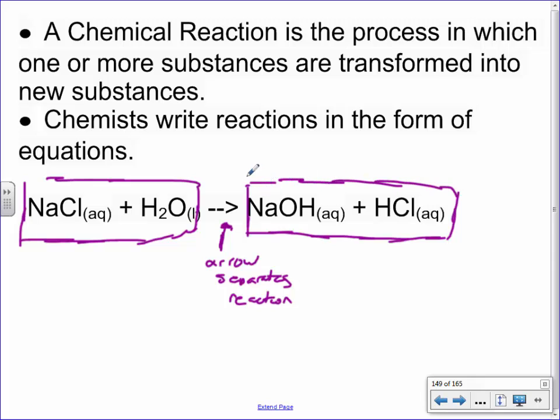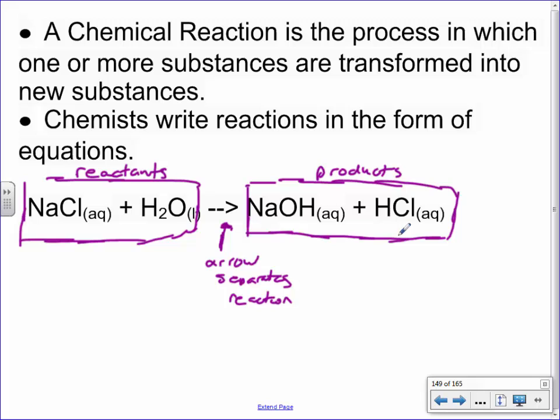So if we're using the proper terminology, the stuff that you begin with is known as reactants, and the stuff over here is known as the products. So really there's three pieces to any chemical equation. There's the beginning piece, the things you react. There's the arrow, which separates it, and then there's the second half, the products, the things you make.